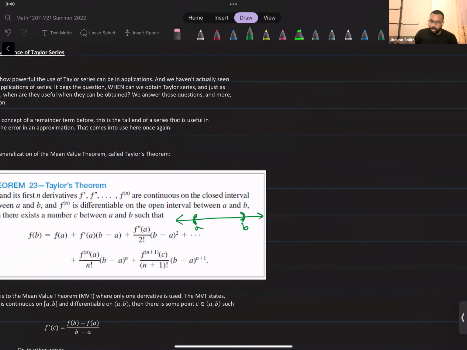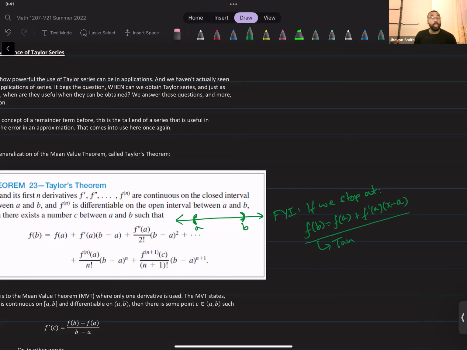By the way, you should notice, FYI, if we stop at f of b equals f of a plus f prime of a times x minus a, you get the tangent line approximation.